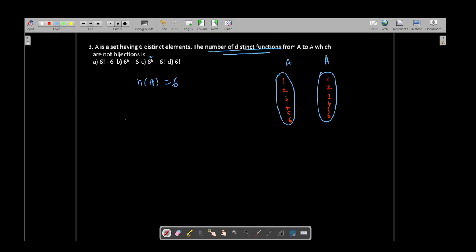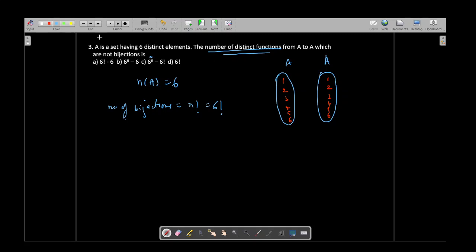The number of bijections, we know, is actually n factorial, which is 6 factorial. So we need to find the number of distinct functions which are not bijections.